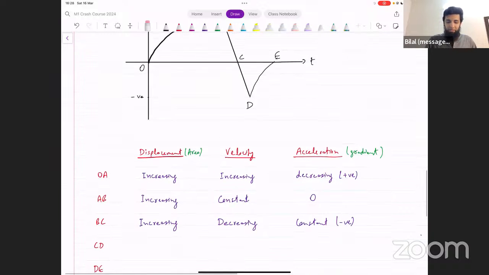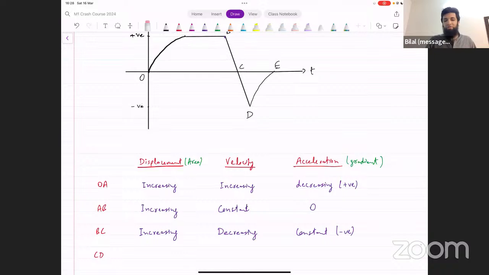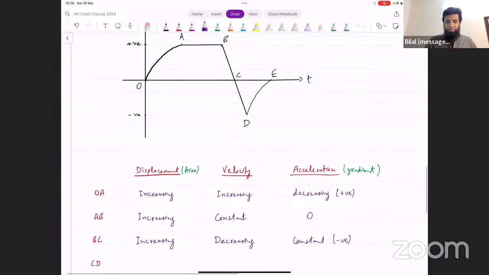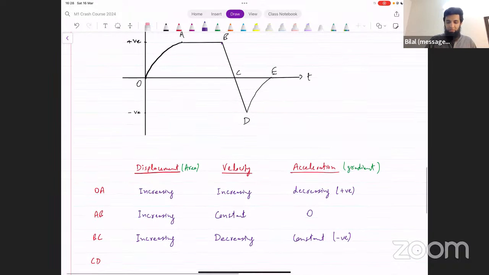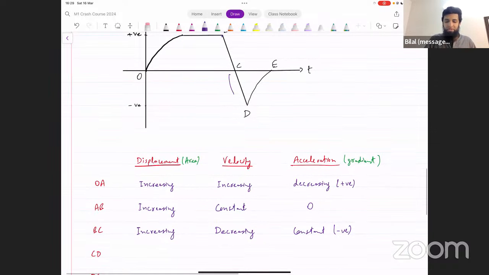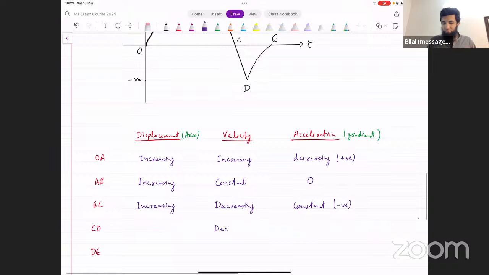Then what about CD? What's happening to displacement here from C to D? Decreasing. So constant. Okay, so let's actually start from velocity. Velocity is decreasing. It's going from 0 to a negative value. You can write that here first.